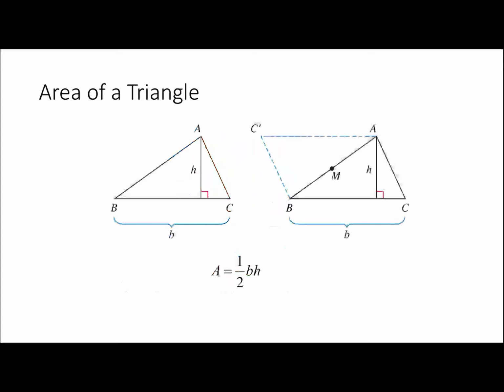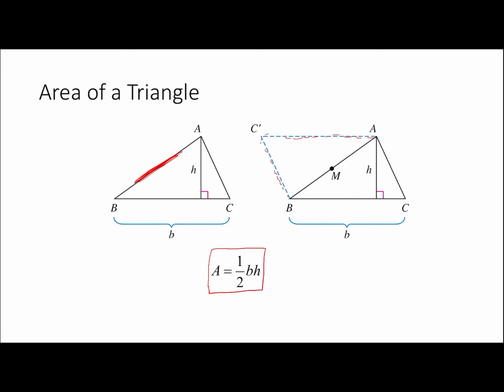The next one is the area of a triangle. And this one is 1/2 times base times height. And we kind of mentioned this in the previous video when we talked about area a little bit. We did just very briefly mention the area of a triangle formula. The reason it's 1/2 base times height is because if you were to take this same triangle and reflect it along this line, this segment AB, then you would have, in the second figure, this new triangle.